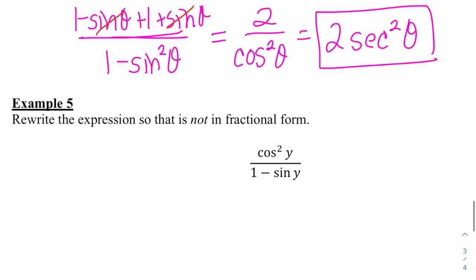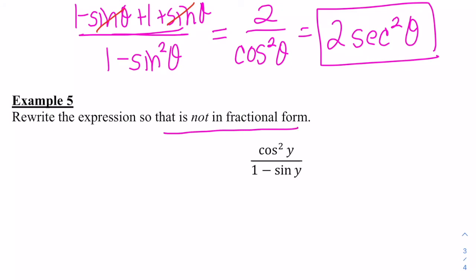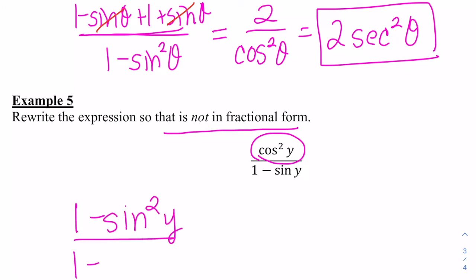So for example 5, it's the same idea. We're trying to simplify this and get it out of fractional form. So when we have this one, it's a little bit tricky, but we already use our skills from the previous examples. We're going to rewrite cosine squared. So remember, cosine squared is the same as 1 minus sine squared. And then we can factor that numerator.